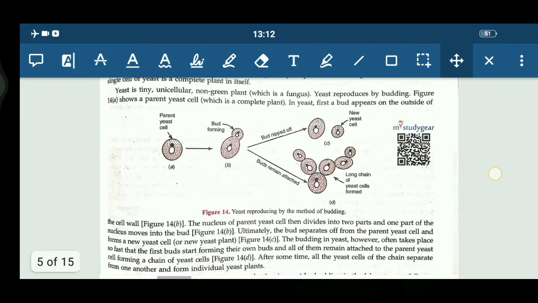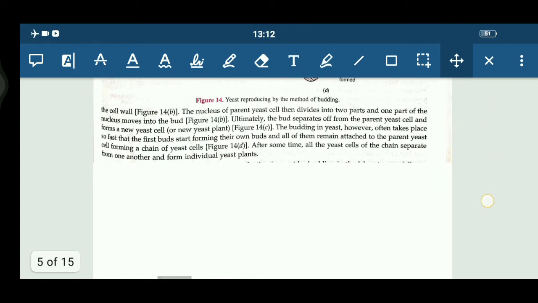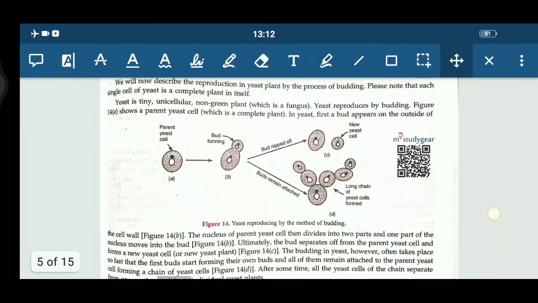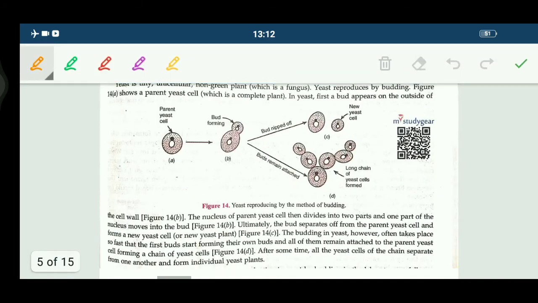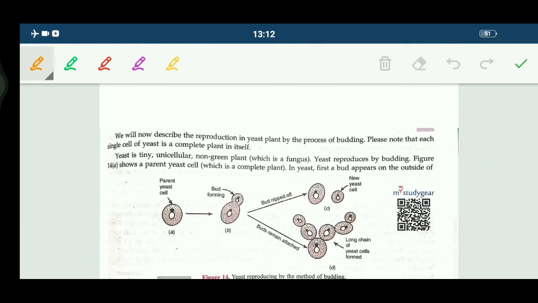Now students, this is the budding in yeast, so this thing also we should know. Yeast is a tiny unicellular organism, remember this thing. We have discussed hydra which is multicellular, but here we are talking about yeast, which is unicellular.